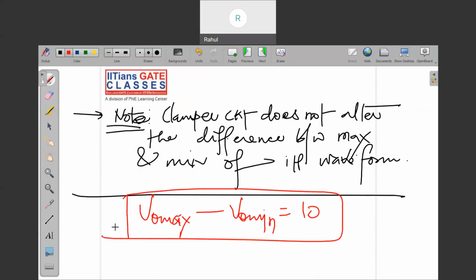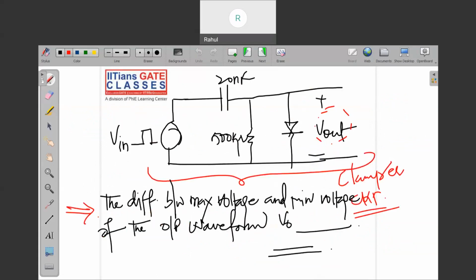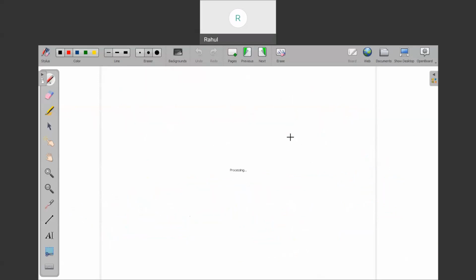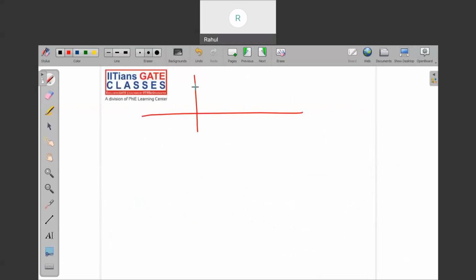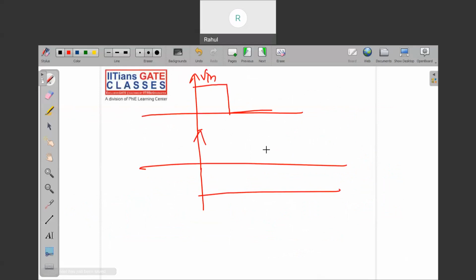So what kind of clamper is this? See, the diode is pointing downward. It means that it will move your waveform downward. Your waveform is basically looking like this. This is the input waveform, and the clamper waveform will be like this. Let me erase this, sorry. This is minus 10, this is 0.